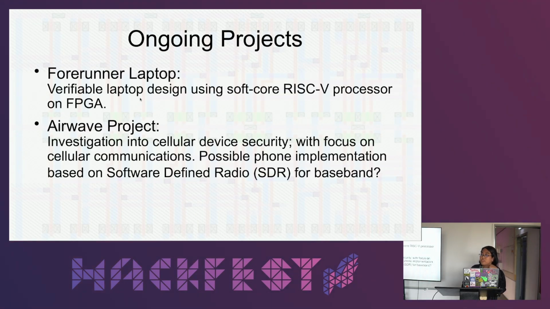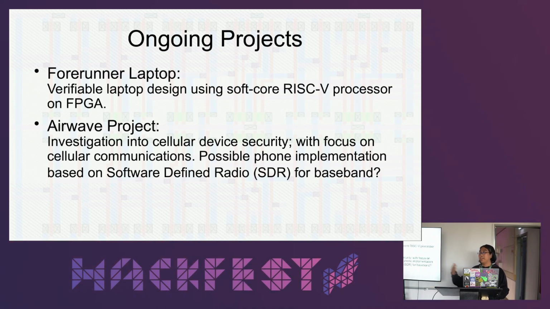There are some ongoing projects that I'm working on right now, such as the Forerunner laptop. We are building a laptop with the same principle. You use an FPGA on a CM4 form factor, so you can build hardware that's general purpose, and that you can also verify, and you can see how that hardware works.